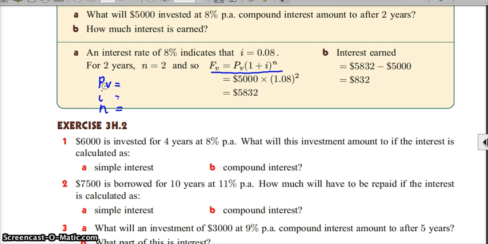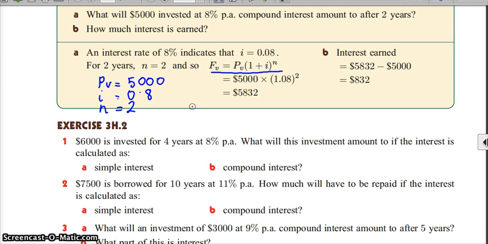Okay? That your present value in this one is 5,000. Your interest, what would be your interest there, Jess? Sorry? What's your interest there, Ash? 0.08. Good. And your N on this occasion, Connor? 2. What does it look like?